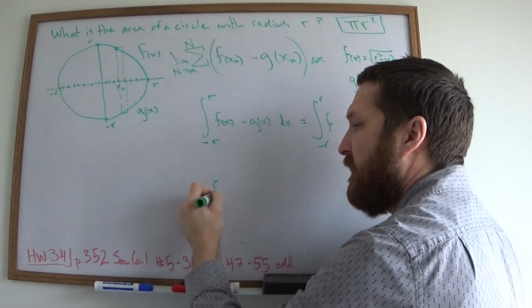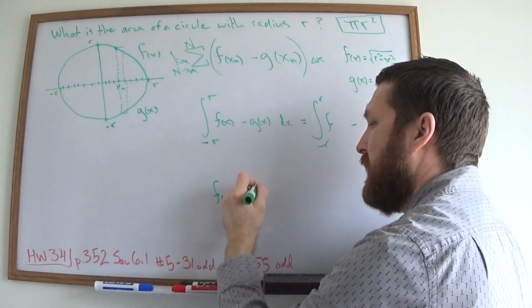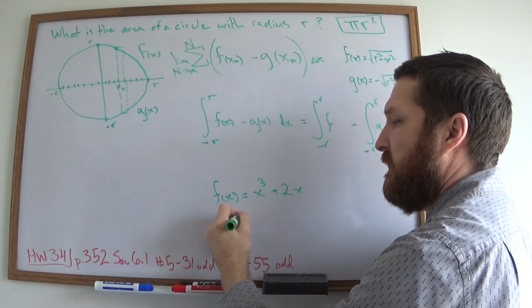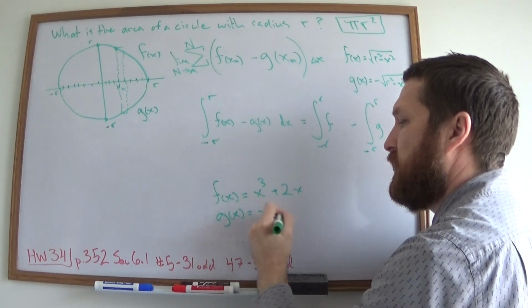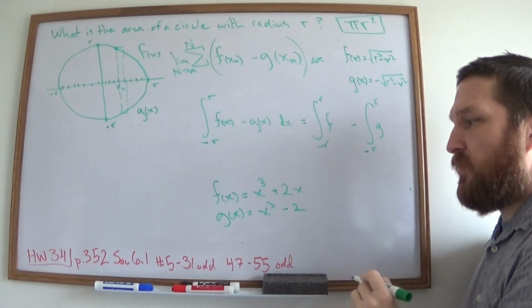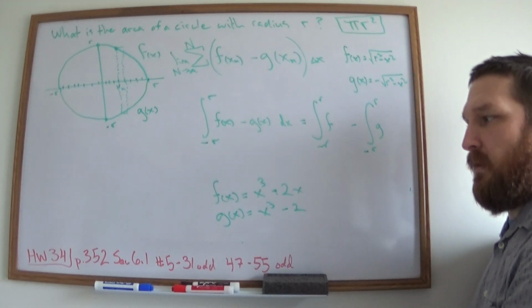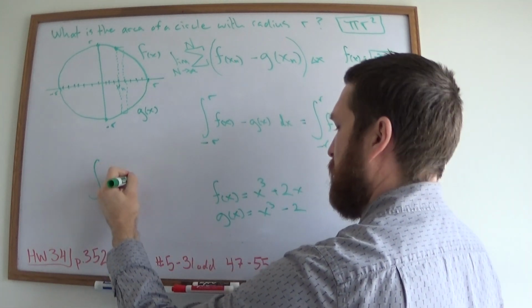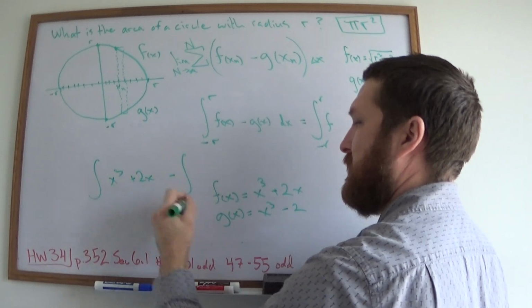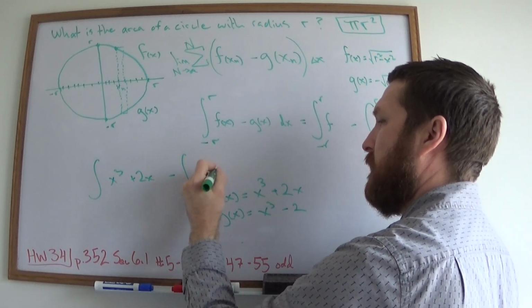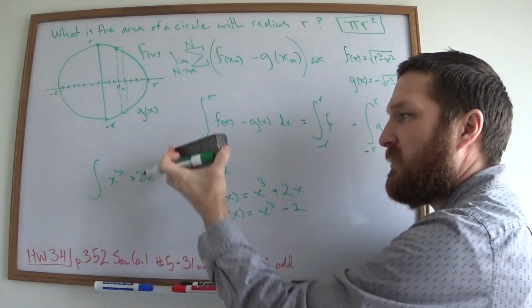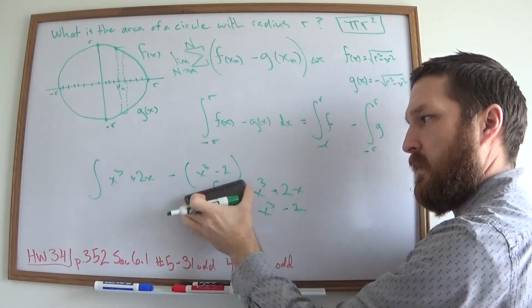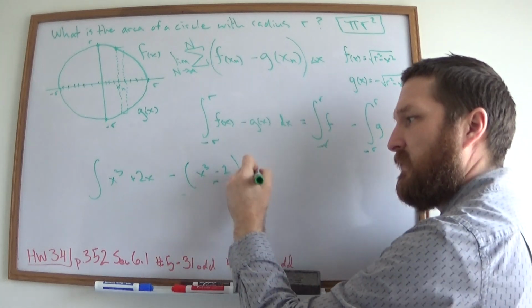Like if your f of x is x cubed plus 2x, and your g of x is x cubed minus 2, well, you might want to just keep them together instead of computing the integral of x cubed plus 2x and then subtracting off your x cubed minus 2. Because if you keep them together like that, well, now you've made your life easier.